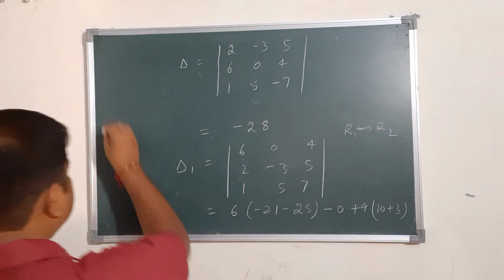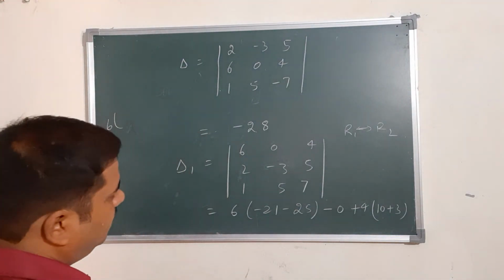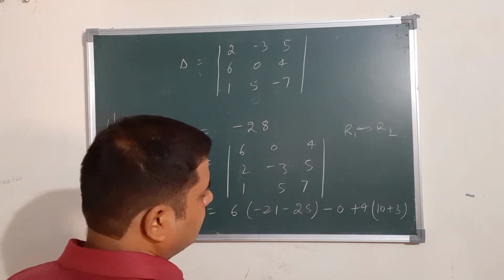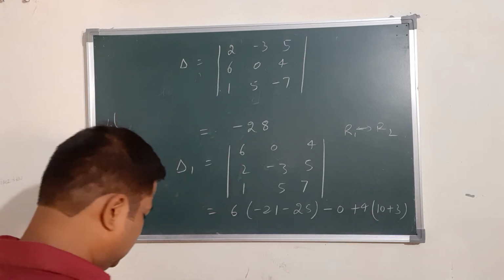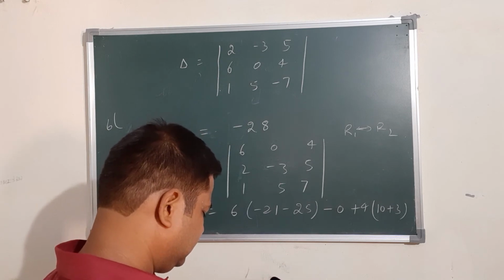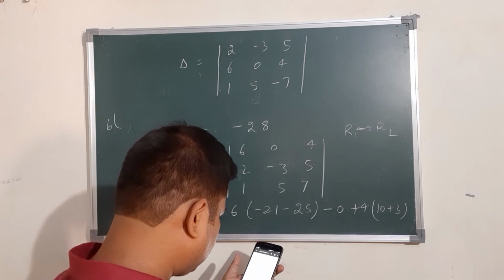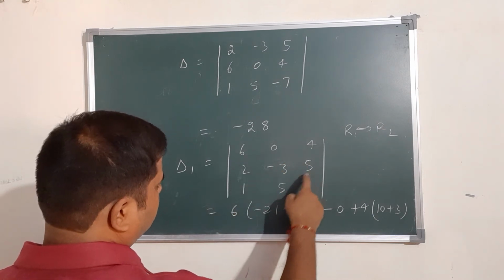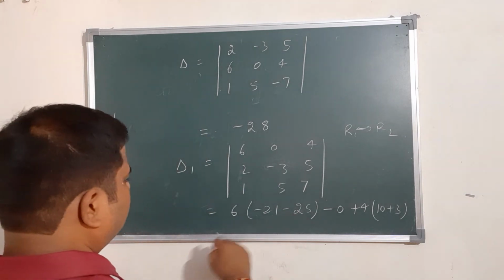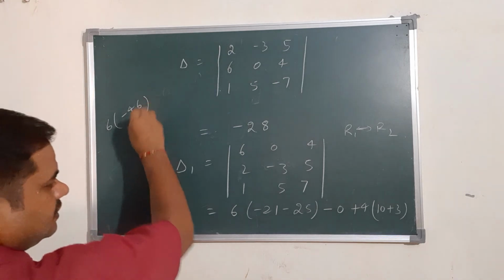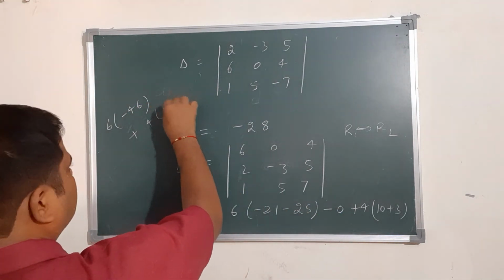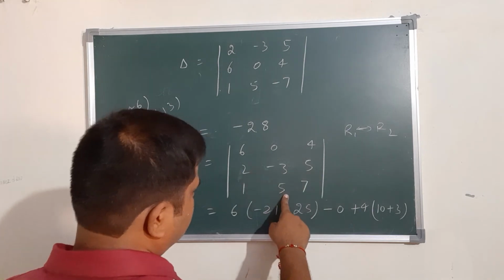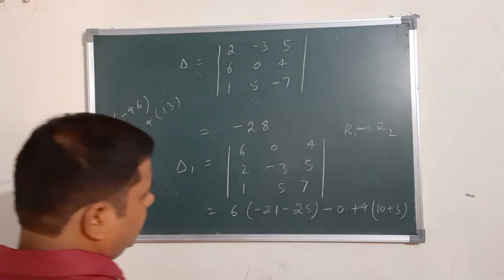So this is 6 into minus 21 minus 5, 5 is 25, 46 minus 46, and plus 4 into 13, 0 is already gone, and this is 2 5s are 10, minus plus 3, okay, 13 4s are 52.